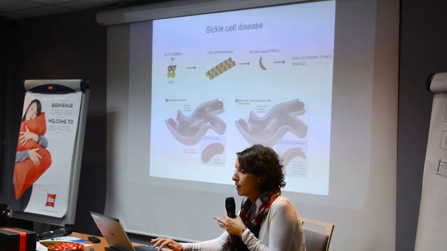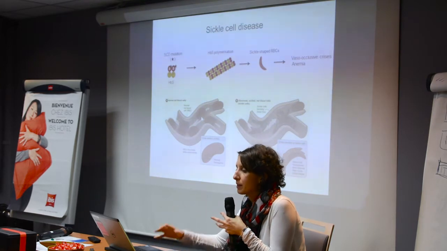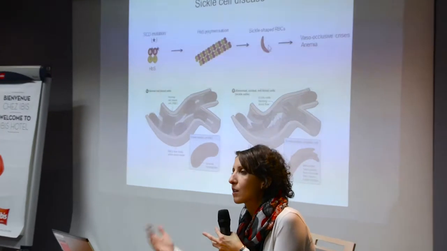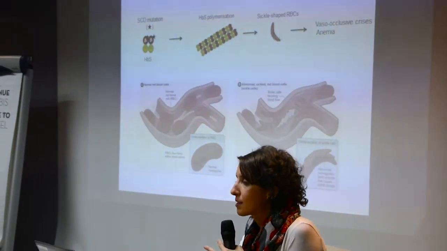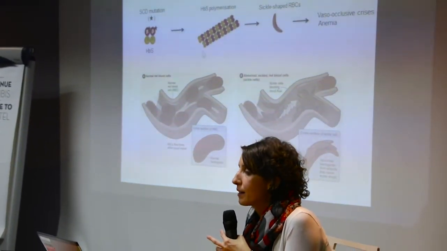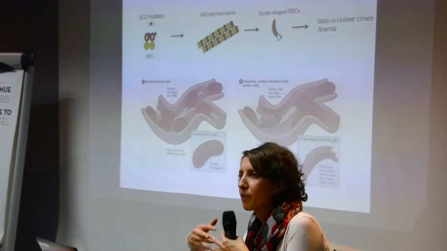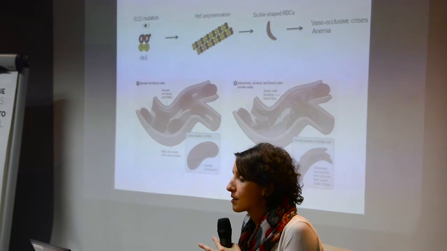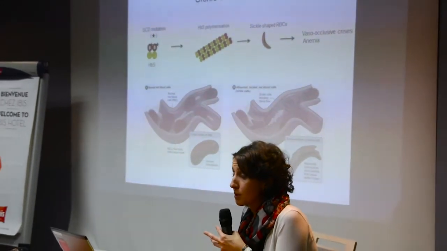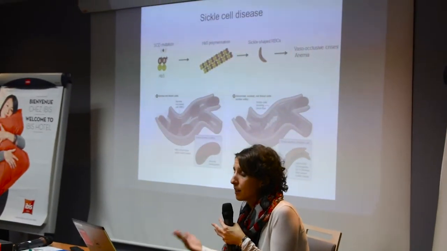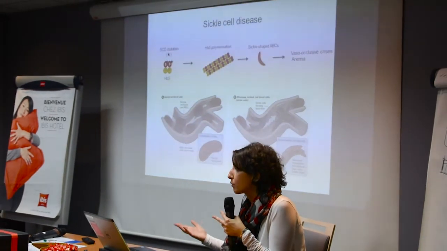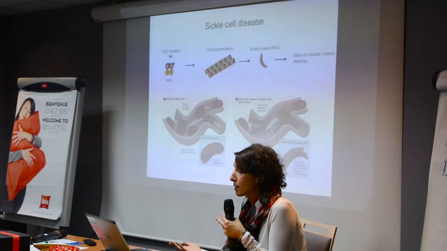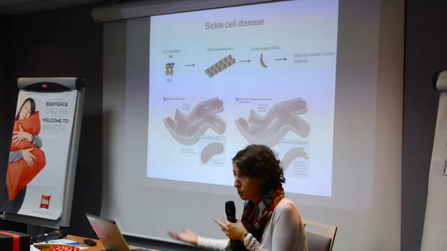Usually our red blood cells are biconcave and round-shaped, but in sickle cell disease they adopt a sickle shape, and they cannot flow freely in the vessels. They tend to obstruct vessels, and this causes vaso-occlusions and several clinical symptoms. If you think, for example, that this can happen in the capillaries of the brain, the consequence will be a stroke.